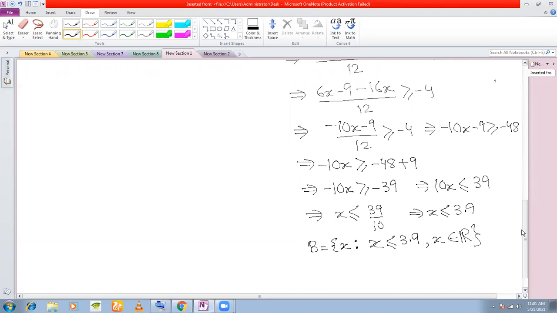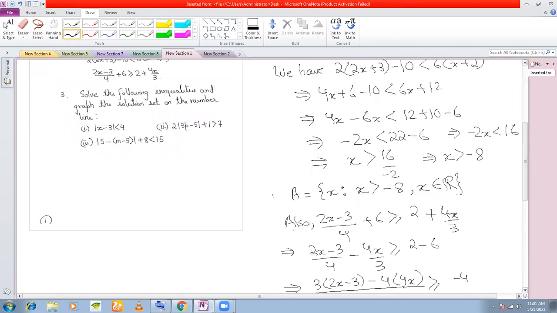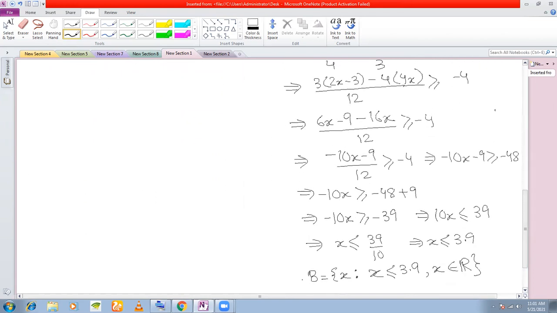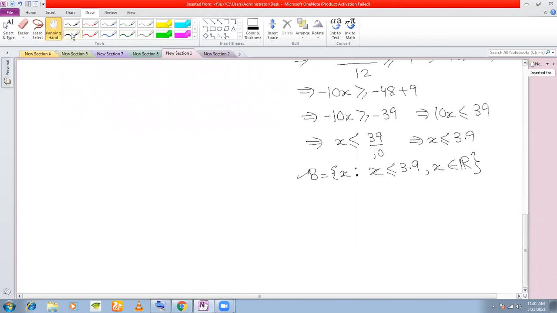Now both the inequalities together. What should be the solution set? Solution set of the first one is A. Solution set of the second one is B. So the solution set of both the inequalities will be A intersection B. Let's write down the sets.